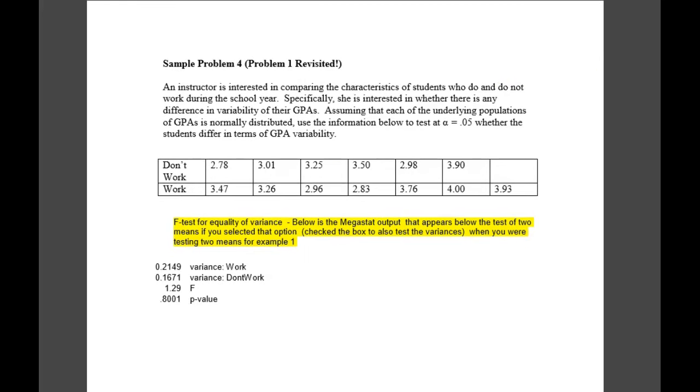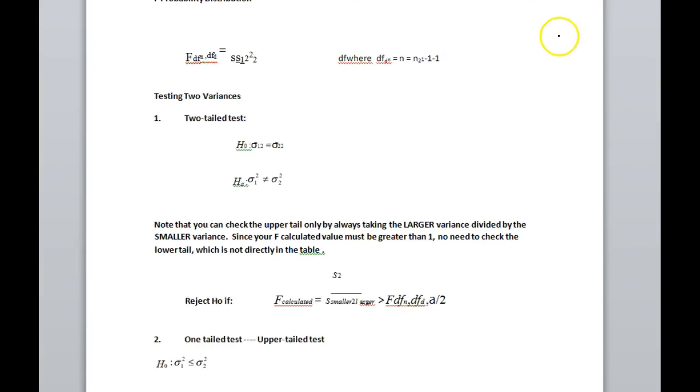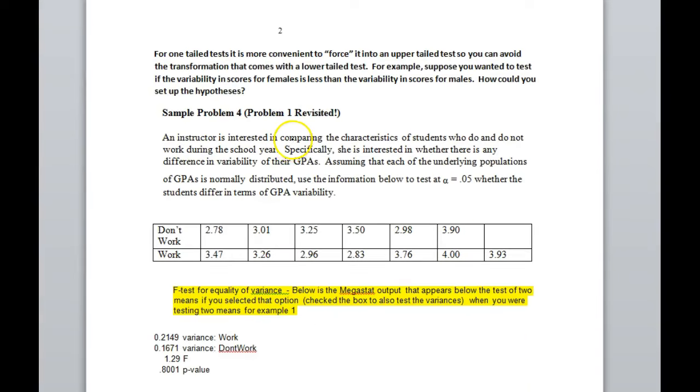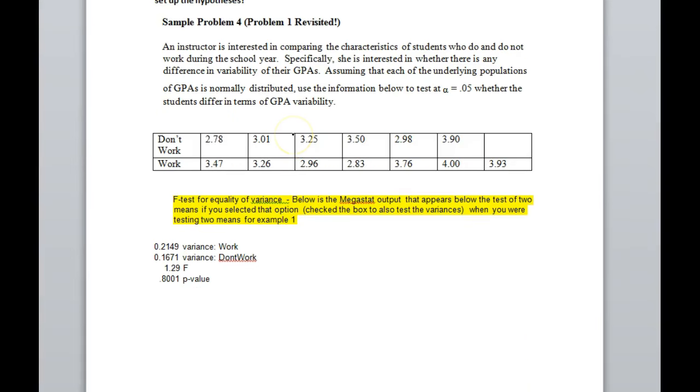Okay, sample 4, problem 1 revisited. An instructor is interested in comparing the characteristics of students who do and do not work during the school year. Specifically, she's interested in whether there is any difference in variability of their GPAs, assuming that each of the underlying populations of GPAs is normally distributed.